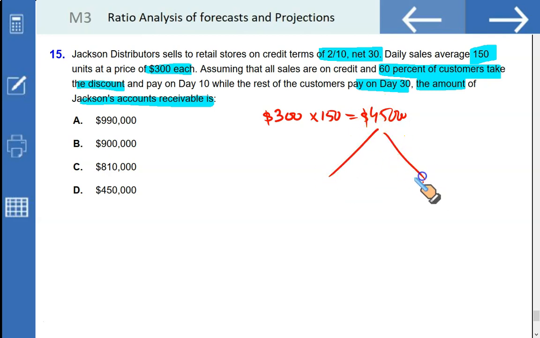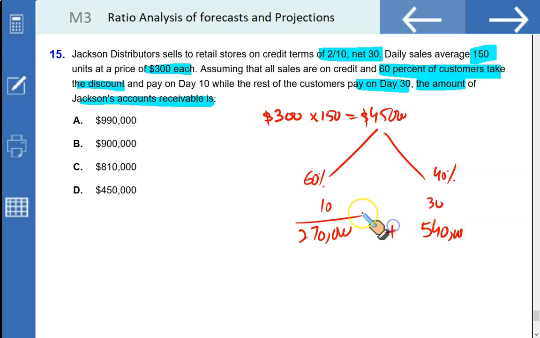Out of this, 60% is to the customers who pay us within 10 days and the remaining 40% pay us at the end of the 30th day, right? So if you simply multiply 45,000 by 60% times 10, that gives you 270. And again 45,000 multiplied by 40% times 30, 540. So it ends up again at 810. That's C.